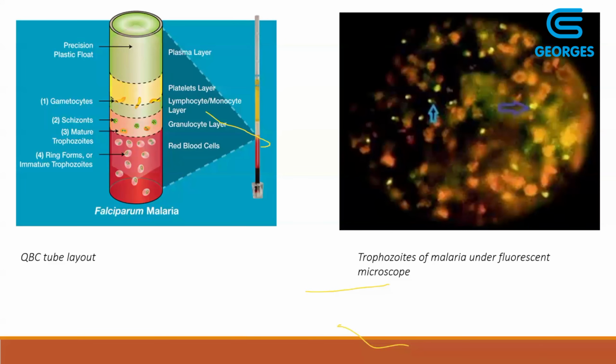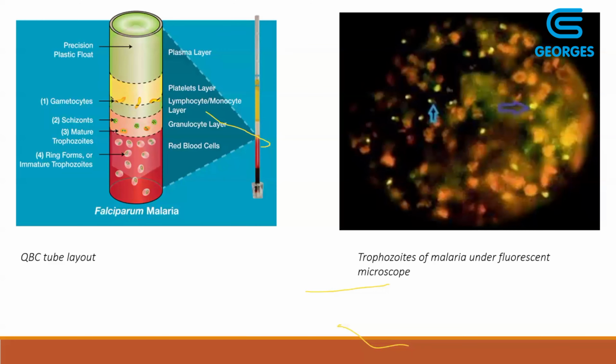So on the right image, you can see a dark background. You can see stained parasites. You can see the brightly stained parasites. You can see the chromatin dots are stained, and you can see the cytoplasm is not brightly stained, but it can easily be seen.